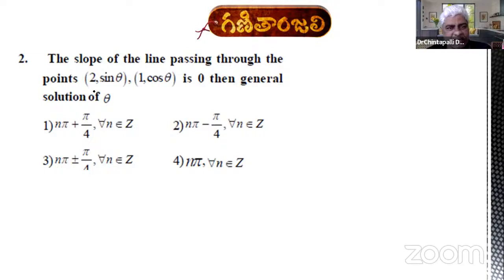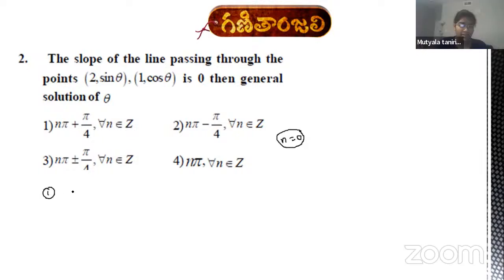You must get clarity by putting n is equal to 0. These are the higher level trigonometric options I must teach you. First, put n is equal to 0. Then what is the first option? It can be 0 plus pi by 4, or 45 degrees.